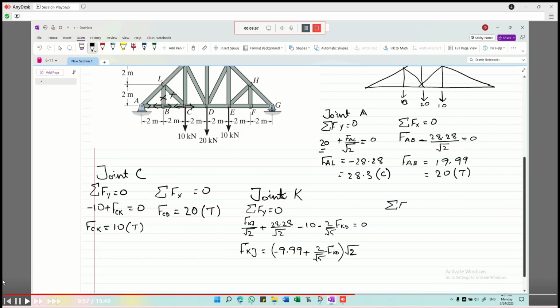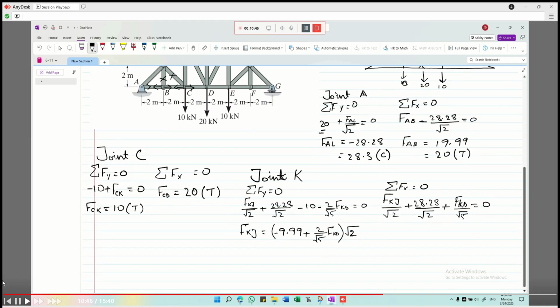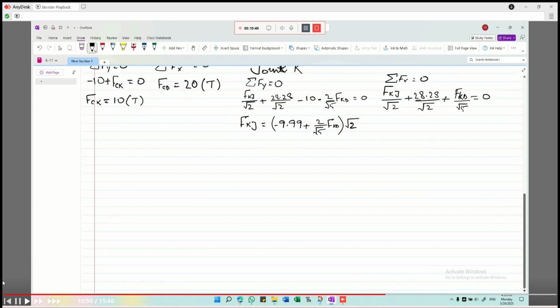Then we will make the equation of the x component. Now we will solve for FKD.